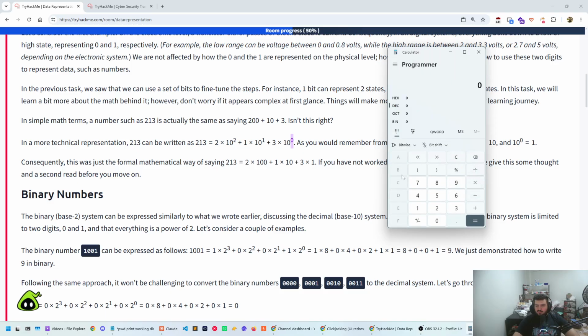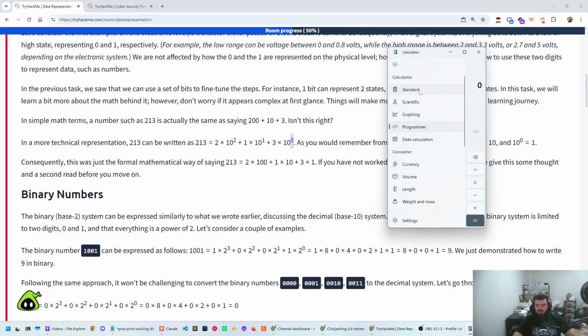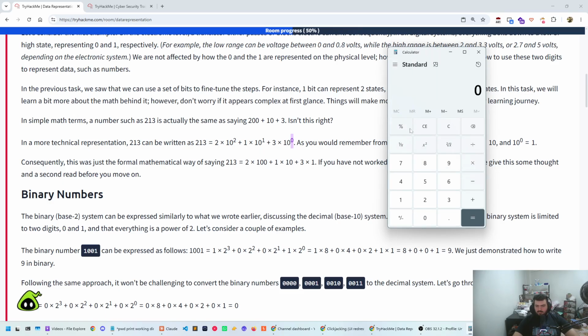Can I have to the power in programmer? Bitwise and bit shift? No, I don't want that. I mean, x to the power of 2. Why doesn't it say square root? This looks like to the power to me. I don't know why it's whatever this is.